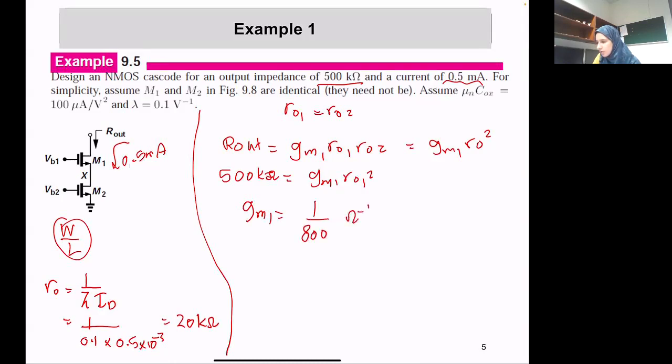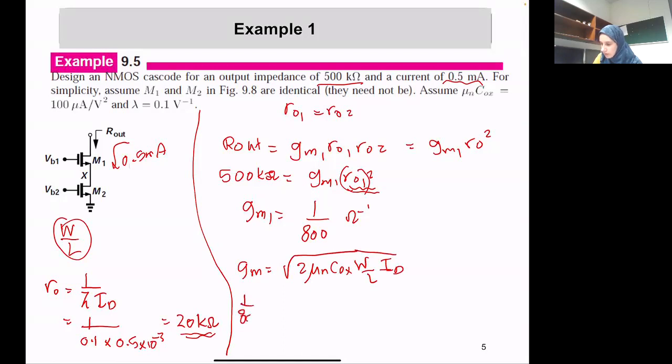From here we just replace, and we remember the relation of GM equals the square root of 2 mu N COX W over L times ID, and putting this 1 over 800 equals 2 times 100 times 10 to the power minus 6, the mu N COX, times W over L, which we want to find, and times 10 to the power minus 3.